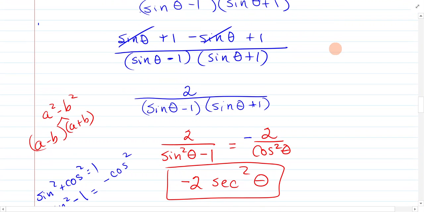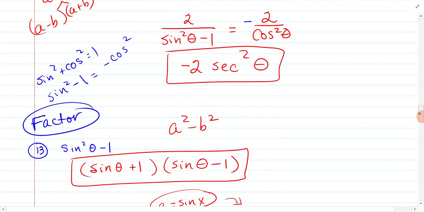So you are left with 2 over sine theta minus 1, sine theta plus 1. If we go ahead and multiply these two, we get sine squared theta minus 1, which is equal to negative cosine squared theta. Negative 2 over that is the same as negative 2 secant squared theta. Lots to do in that one.